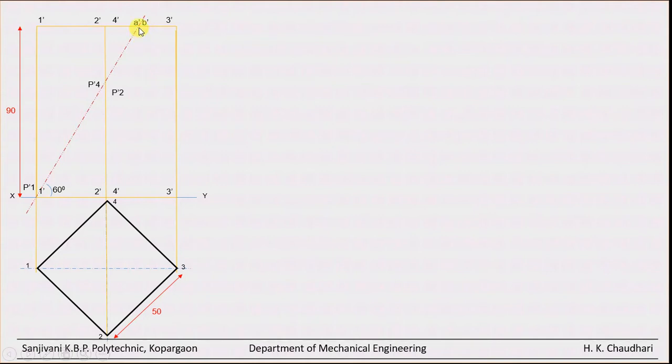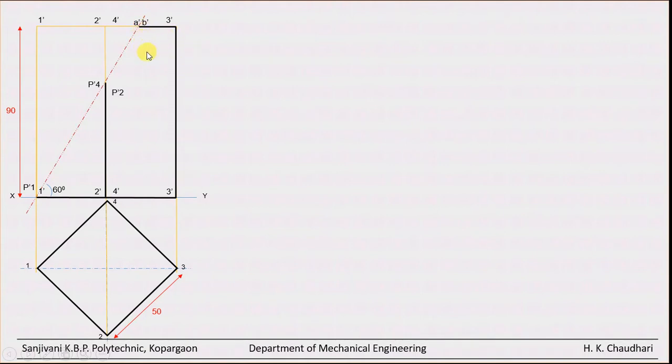Now to locate these points A dash and B dash in the top view, we have to draw a vertical projection taken from this A and B. So before that, I repeat again, draw the remaining edges of the prism.